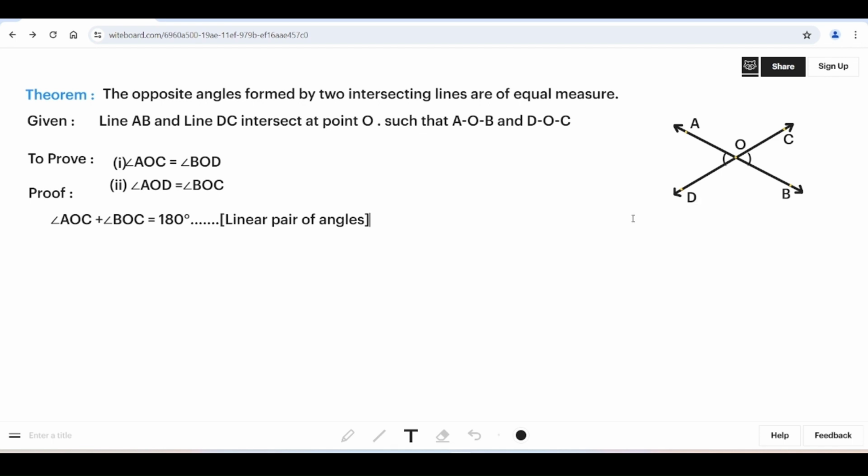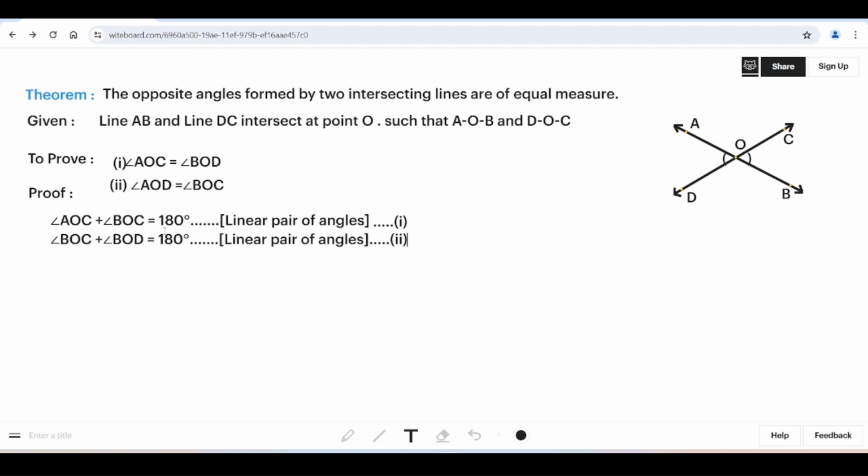So their sum is 180 degrees from the linear pair of angles. Similarly, we can write that angle BOC plus angle BOD is equal to 180 degrees as they also share one same arm, that is OB. So those are also linear pairs of angles and we can write.